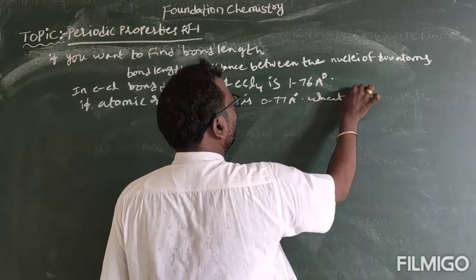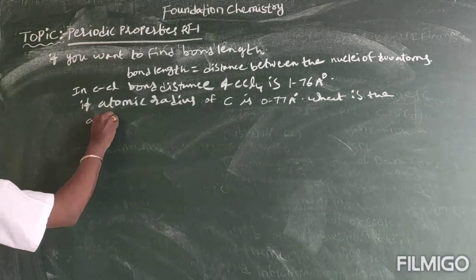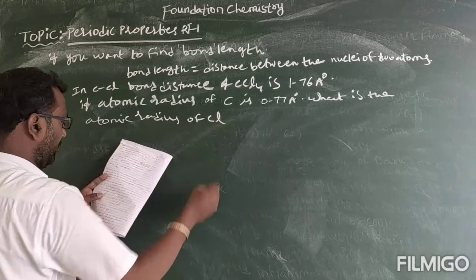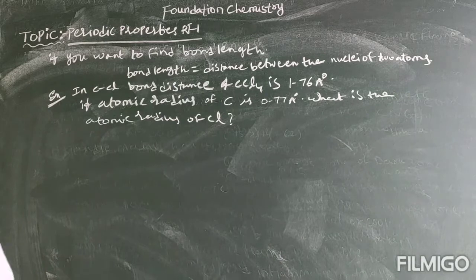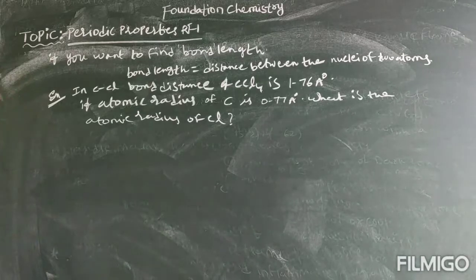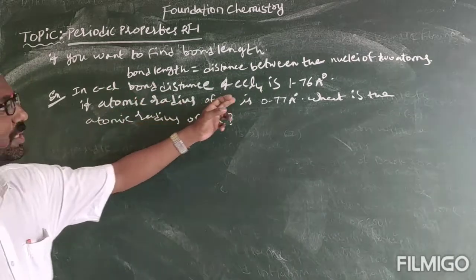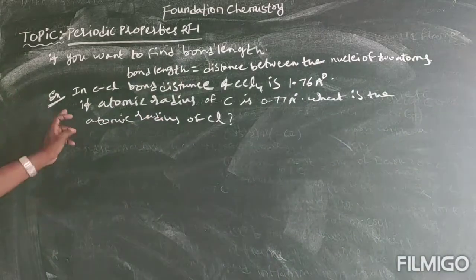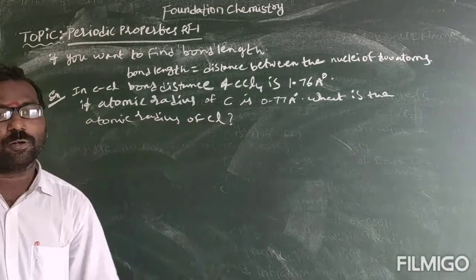What is the atomic radius of chlorine? See, the bond length is nothing but the distance between the nuclei of two atoms. Here they have said that in CCl4 the distance between C and Cl is 1.76 angstroms, and the atomic radius of carbon is this much. What is the atomic radius of chlorine?